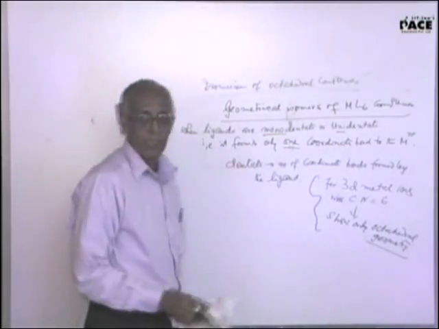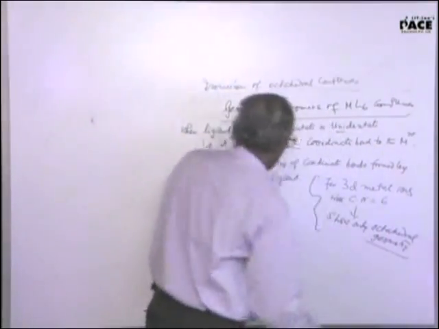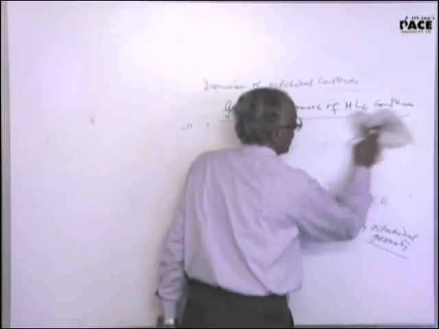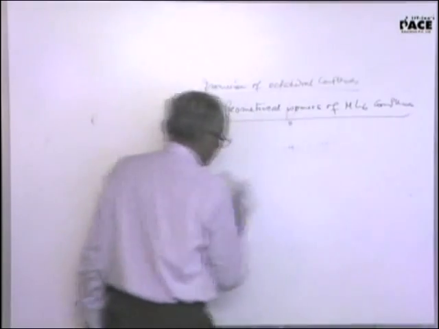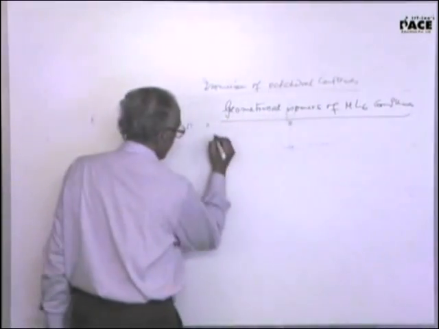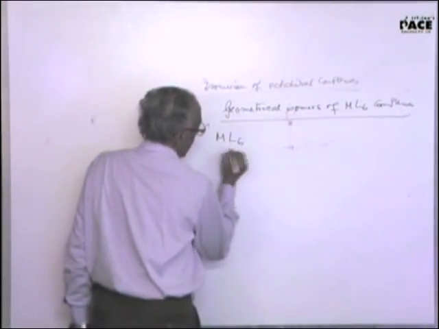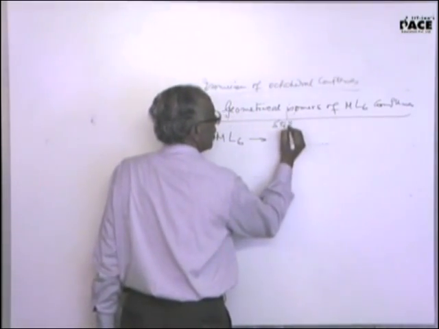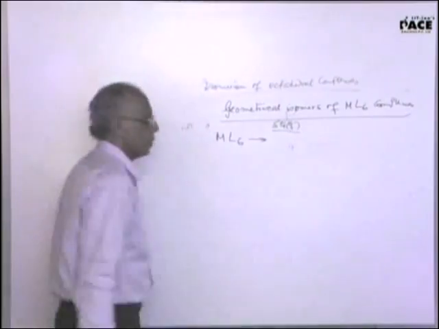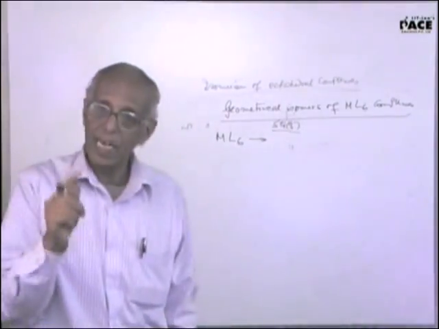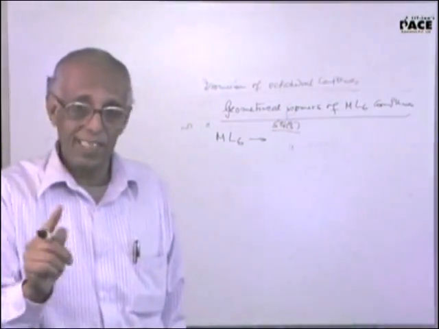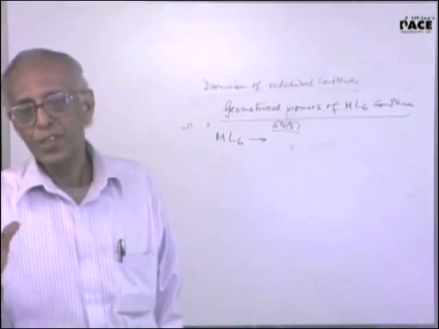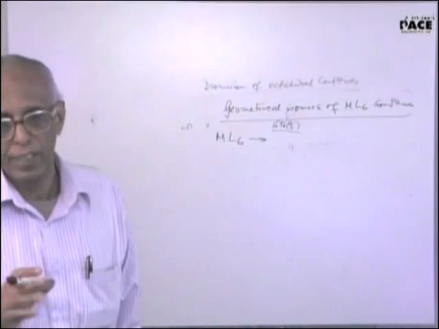Okay, now let us concentrate on this. If all the ligands are monodentate ligands and they are the same, how many structures can be drawn for an octahedral geometry?